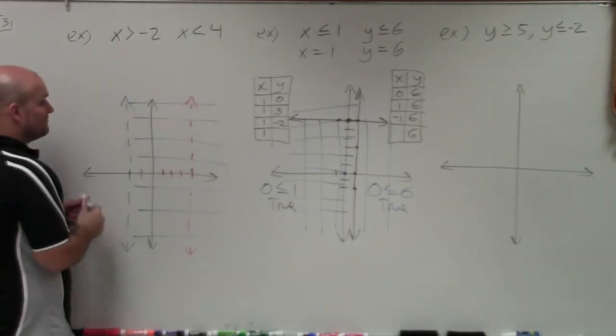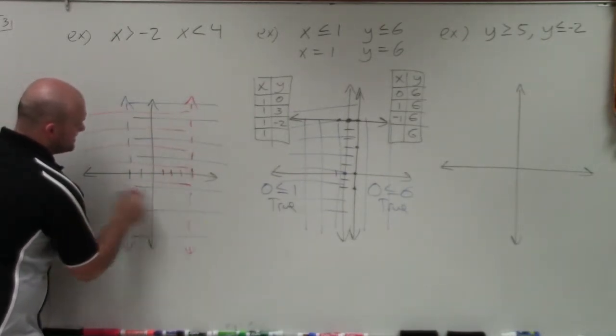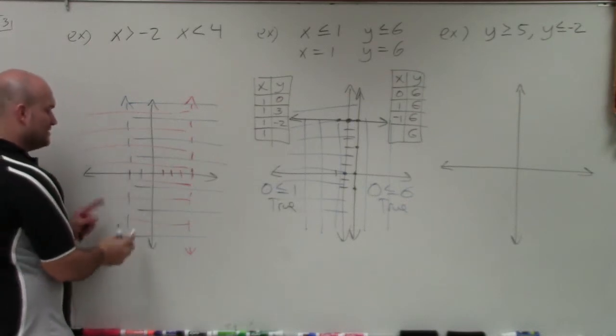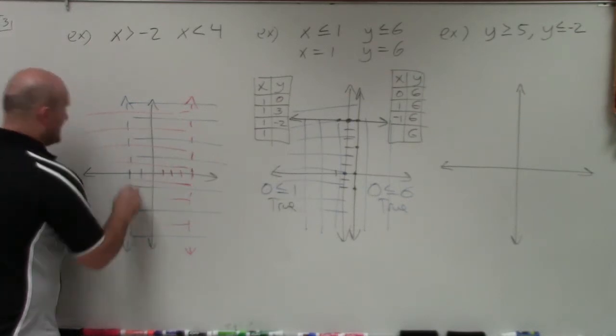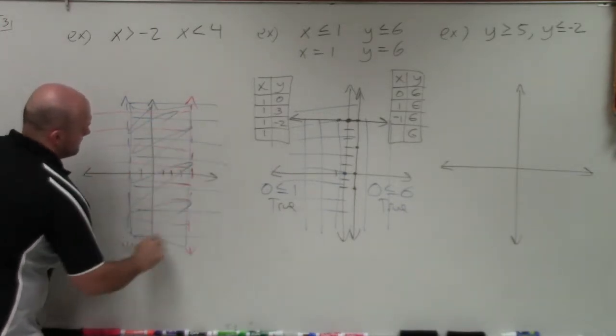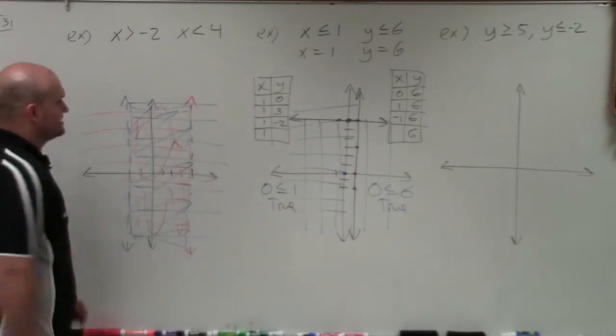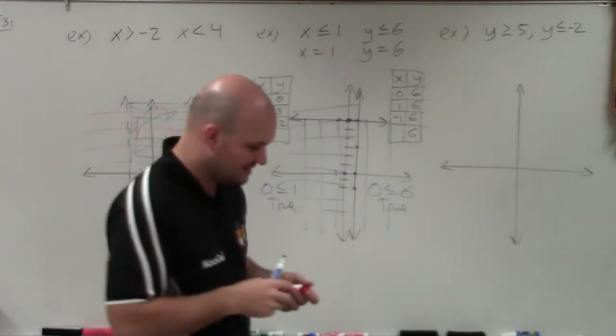And x is less than 4, that's going to be all values going to the left. Now, you can see that these actually go in opposite directions. But you can see where it's true for both of them is going to be this unbounded region in between. So that's going to be our solution set where our two inequalities intersect.